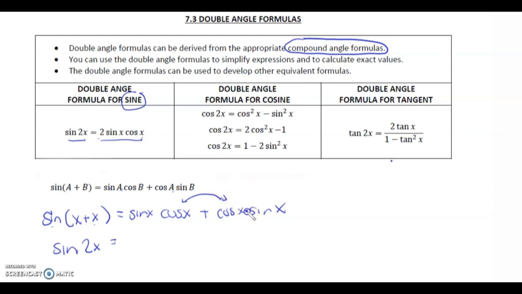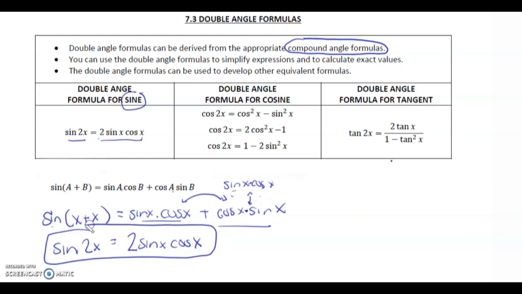With multiplication, you can multiply in any order. So these are like terms, and sine cos plus sine cos is going to be 2 sine x cos x. And that's where that comes from.